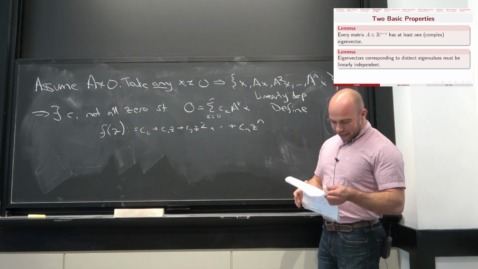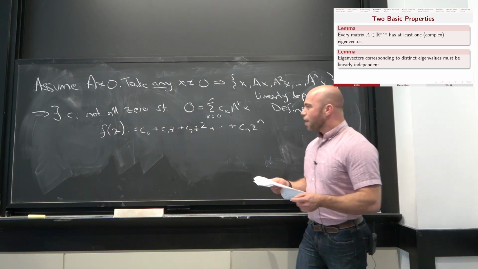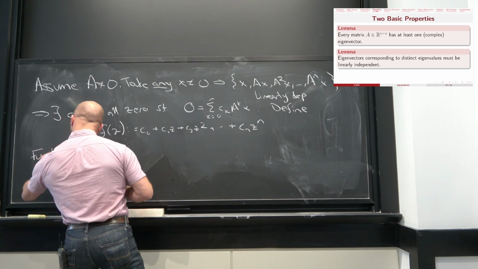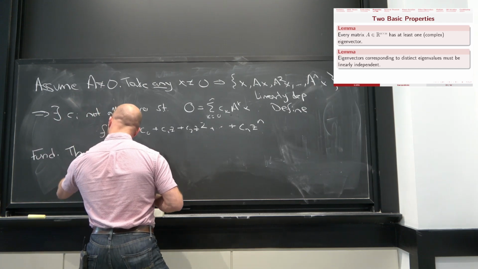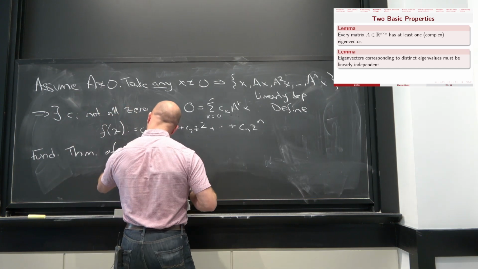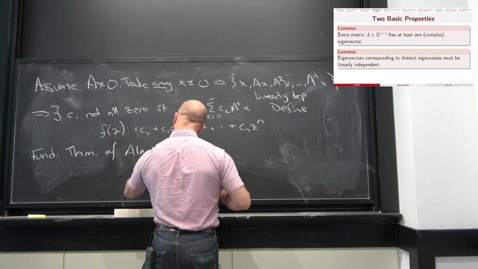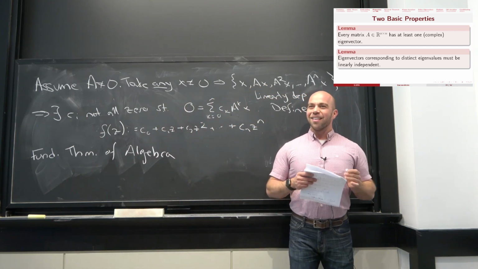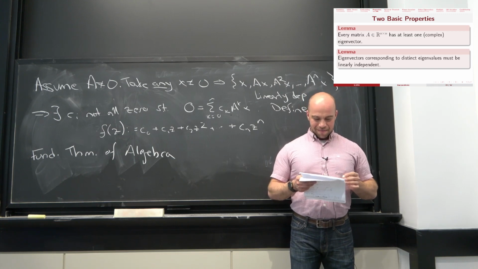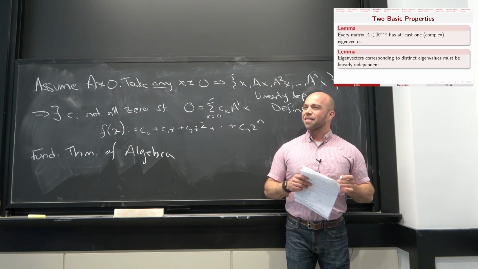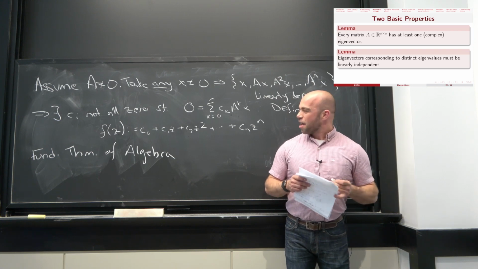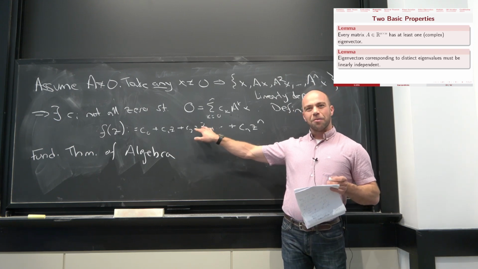Okay, but in any event, what do we know about the fundamental theorem of algebra? You guys remember what this one says? Yeah, but in particular, it actually doesn't even matter how many roots in this case.